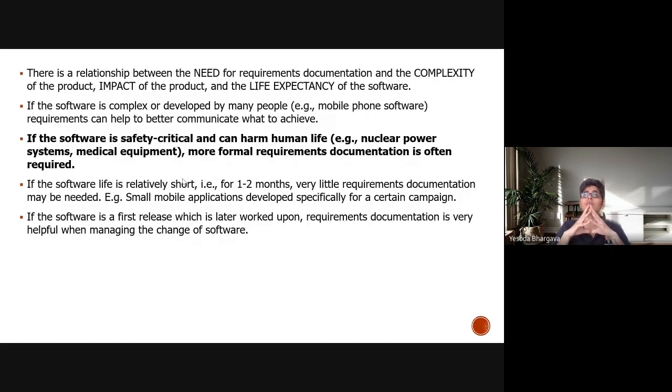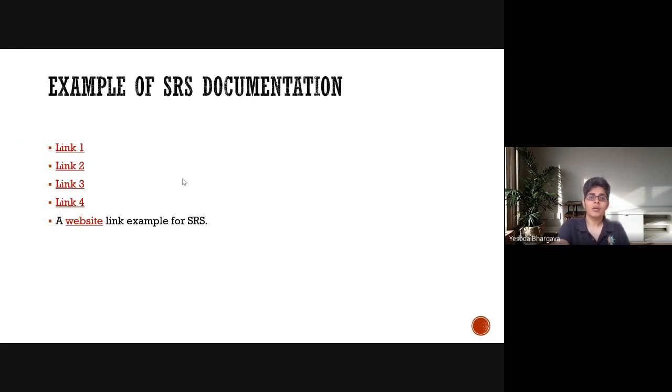So definitely SRS also keeps on revising as the product keeps on revising, and that way also it serves a very important purpose. Depending on the software criticality and the life of a software, software requirement document serves very different roles.